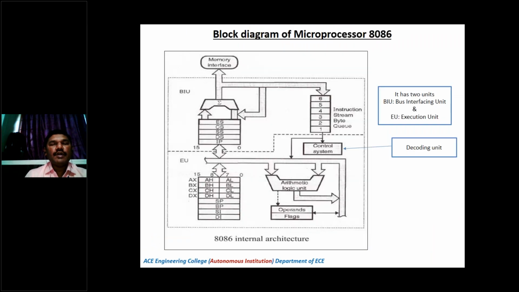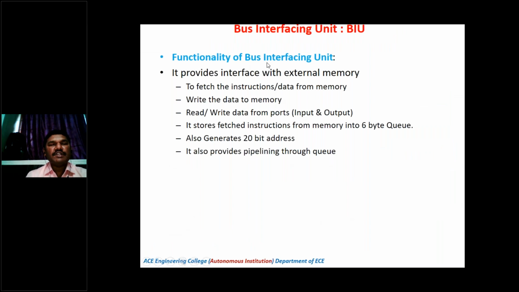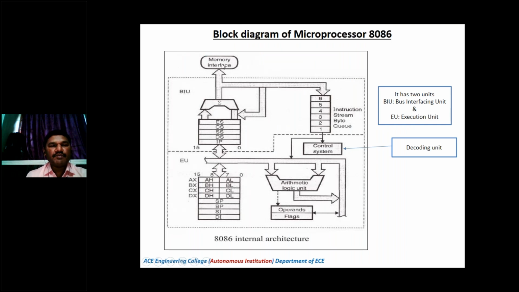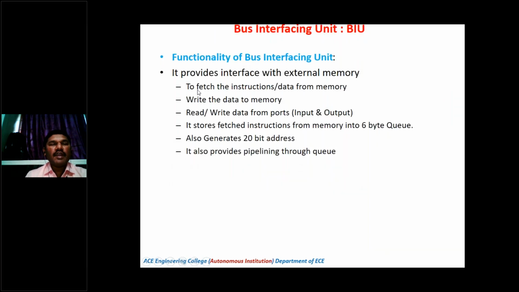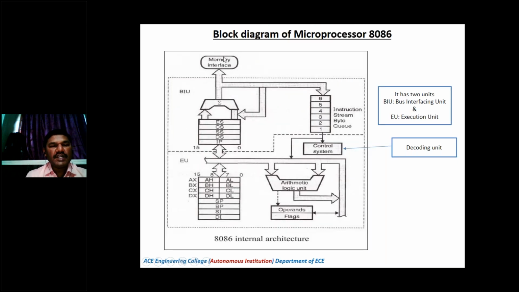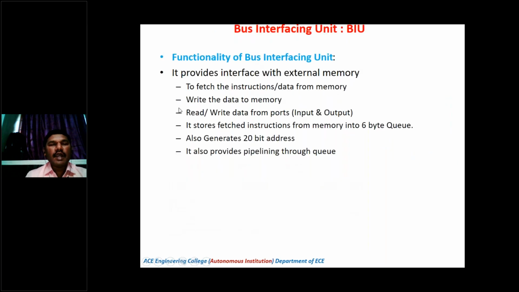Right, so the functionalities of the 8086 bus interfacing unit: it provides an interface with external memory. We have seen that it provides an interface with external memory, and it fetches instructions or data from memory. It reads or writes data from memory, and reads or writes data from input and output ports.